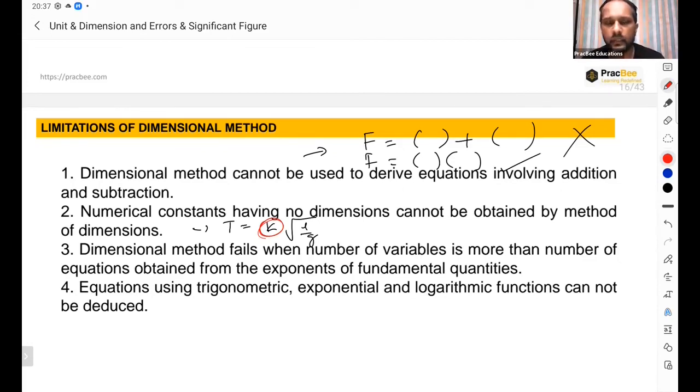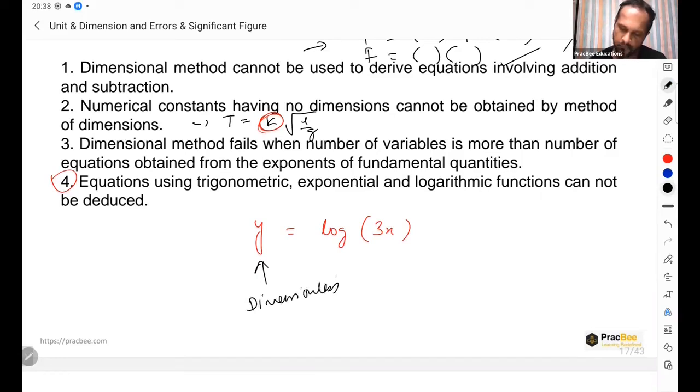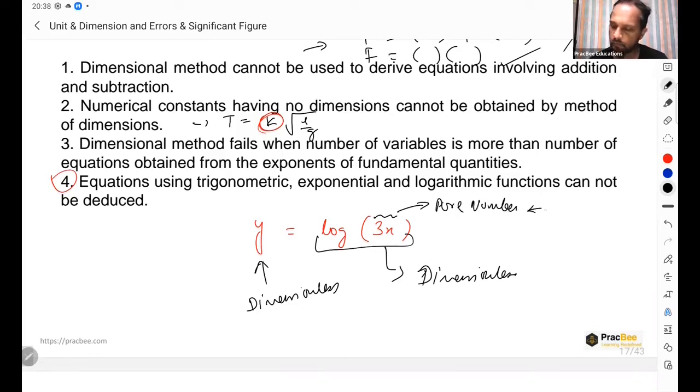Equations using trigonometry, exponents and logs cannot be deduced. This is very important; the fourth point is the most important point here. What it means is that if I have y is equal to log 3x, then this is dimensionless, because 3x is a pure number. 3 into x is a dimensionless pure number.